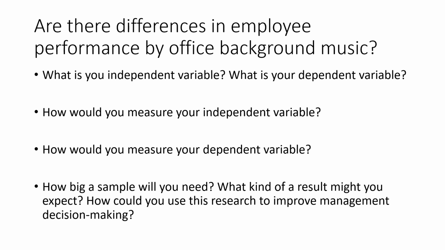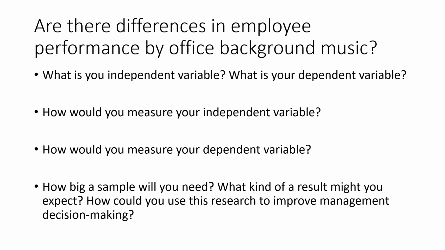So what's our independent variable in this case? Our independent variable would be the type of background music played in an office setting. And our dependent variable in this case would be some measure of employee performance. That could be an objective measure or a subjective measure. There are different ways you could do this.